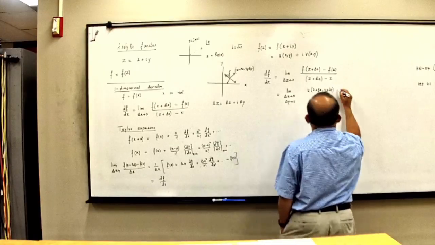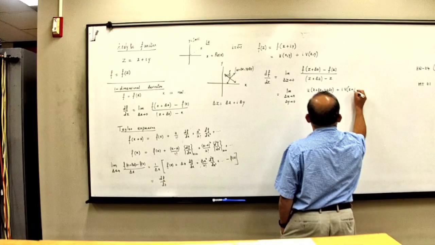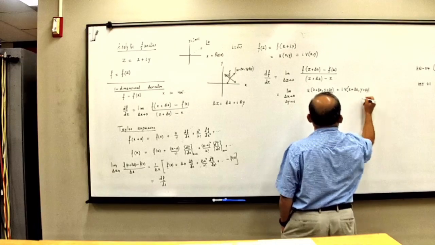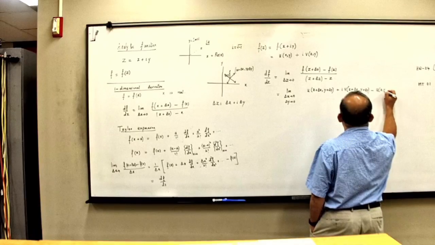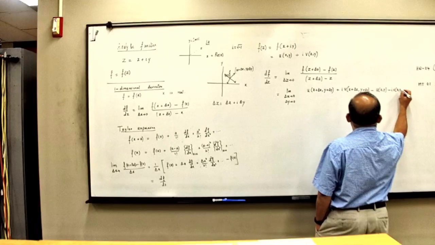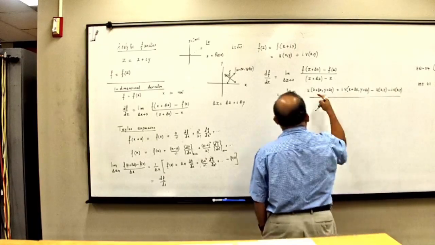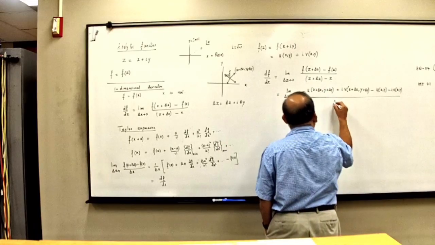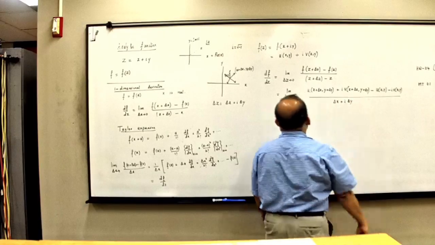And then there are two terms in that, i times v of x plus delta x and y plus delta y. Subtract out u of x comma y, minus i times v of x comma y. Write this out and z cancels out, delta z is delta x plus i times delta y.